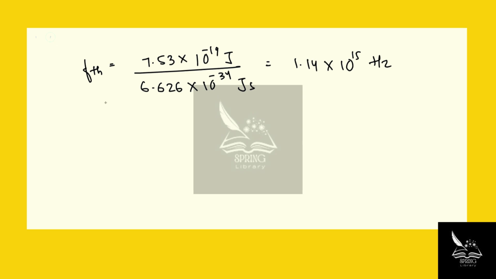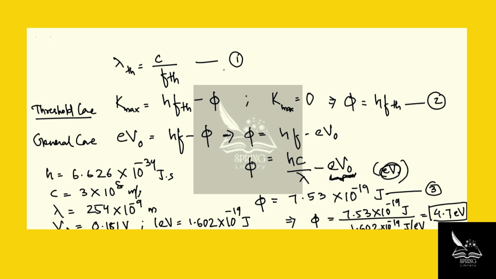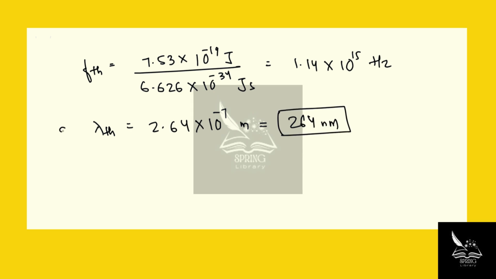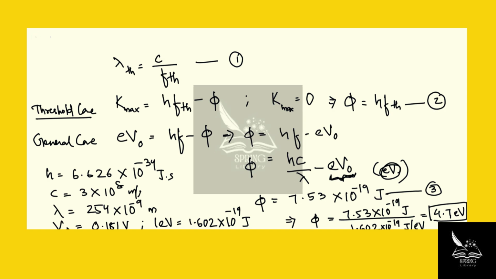So that's the threshold frequency, and then we can plug this back into equation 1 and find the threshold wavelength. That will give us the wavelength to be equal to 2.64 times 10 to the power minus 7 meters, and this is equal to 264 nanometers. So that's the answer to the first part, where we need to find the threshold wavelength. This is the answer to the second part.